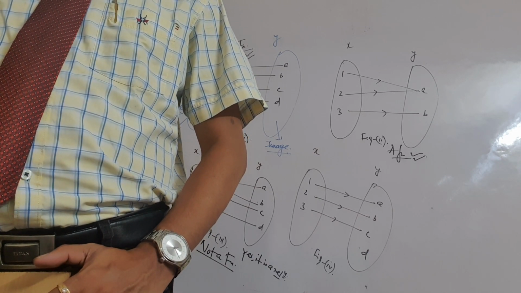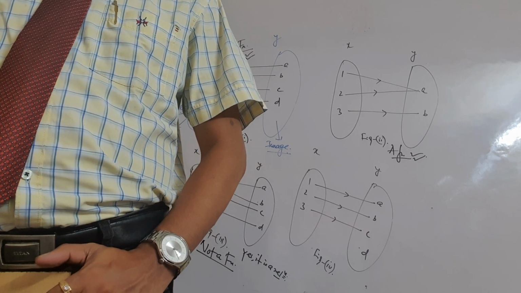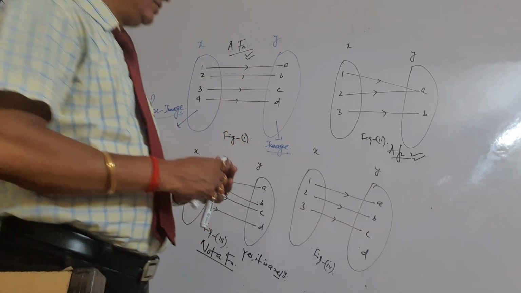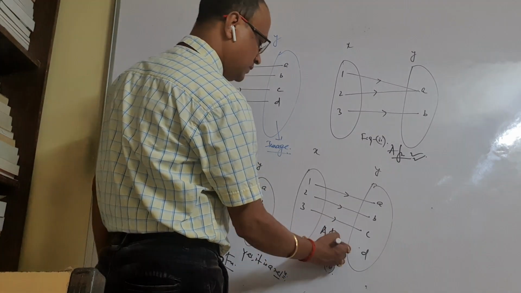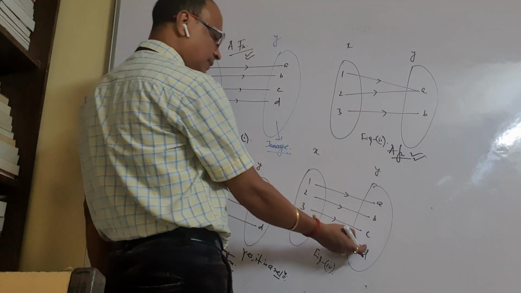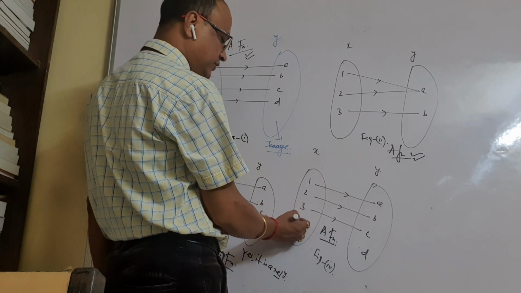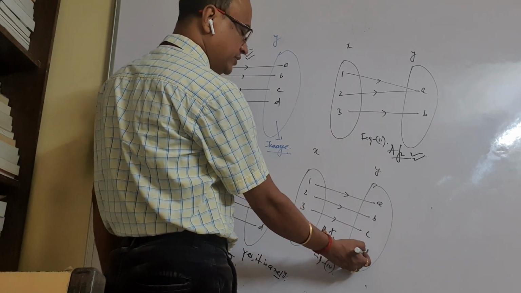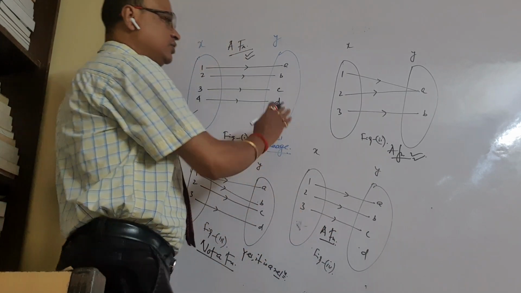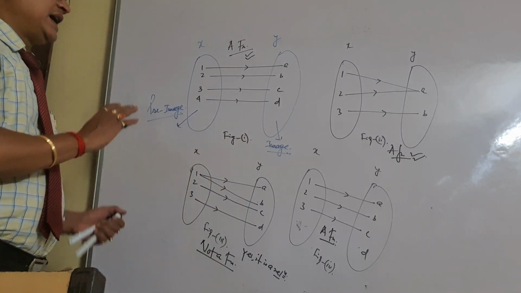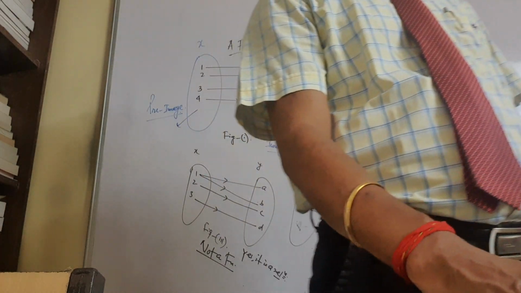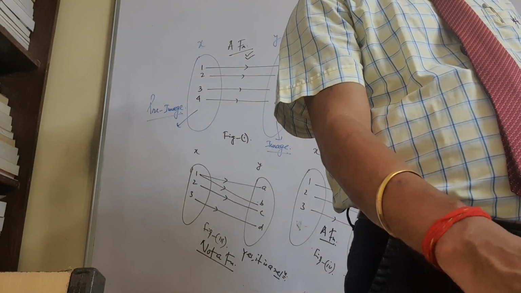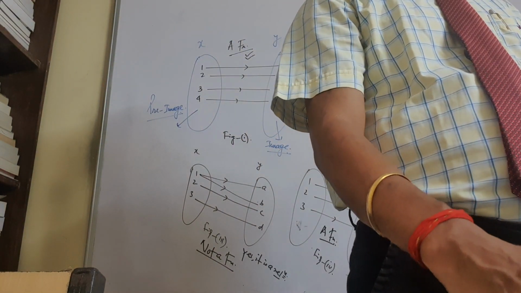It is a function. But the opposite of this, if here is 4 and it doesn't have any image, then it is not a function. So by these simple diagrams we can understand what is the difference between relation and function, and how we identify whether it is a function or not.